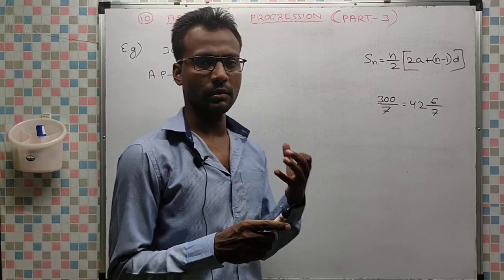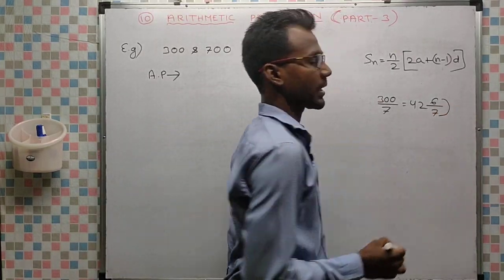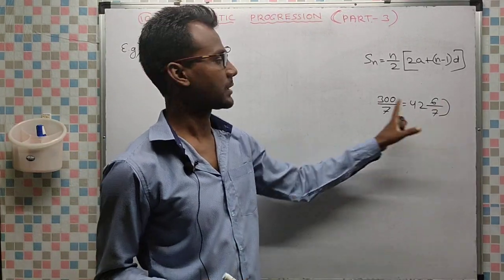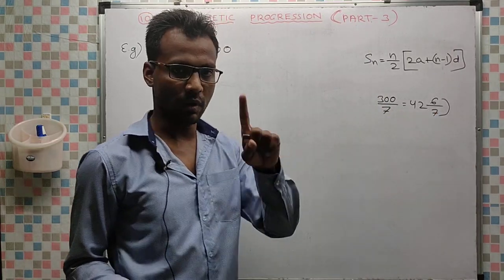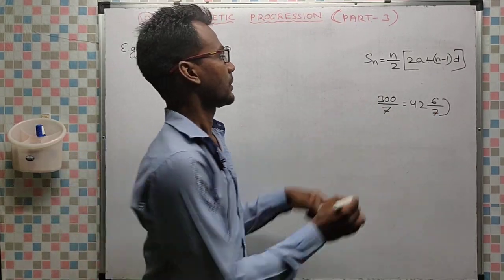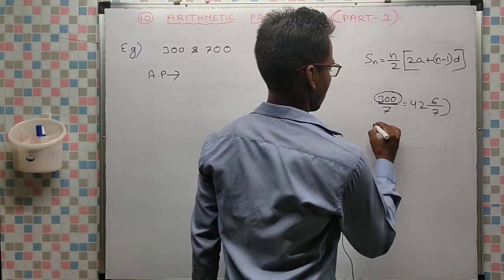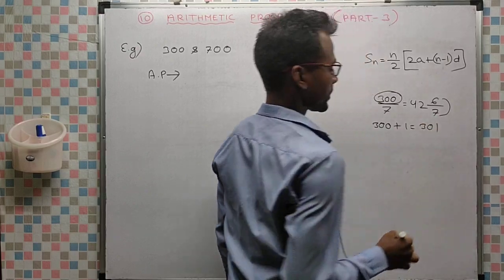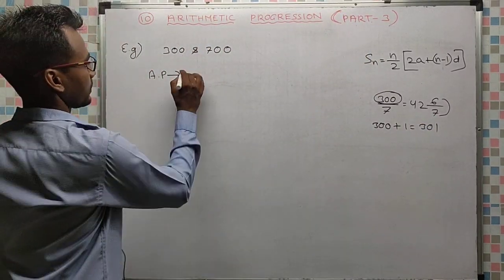We want a number just above 300, so you have to take the difference between the remainder and the divisor. Divisor, remainder, this is the quotient, and this one is the dividend. What is 7 minus 6? 1. That one you have to add to the dividend. So 300 plus 1, which is 301. This is the first multiple of 7 just above 300.